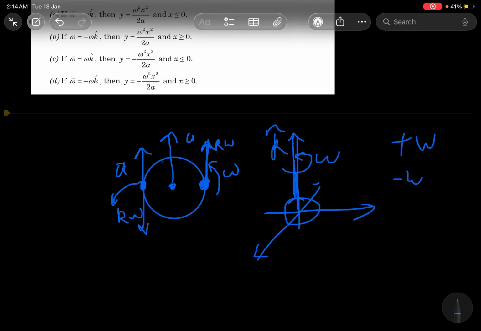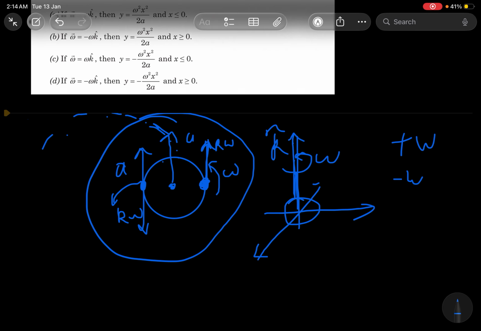So if you just try to imagine this whole thing, it will somewhat go like this. Why? Because this is increasing, this is decreasing, so it is somewhat inclined to go over here, right? Because this is rotating like this, and it is somewhat inclined to go like this. Just try to visualize that in your head.